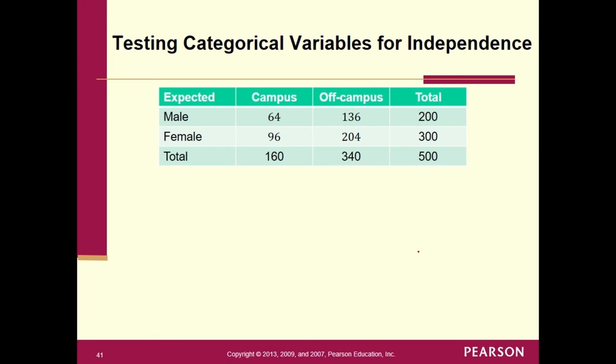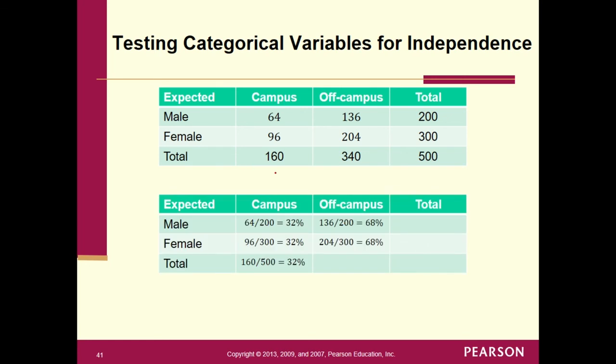Well, take a look at the total. The total is 160 divided by 500, and you get what? 32%. So if the total is 32%, then the test sets all of these at 32%. And that means if this is at 32%, the total down here is going to be 68%, and it sets all of these to 68%.